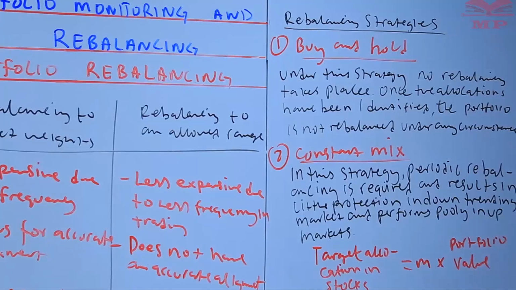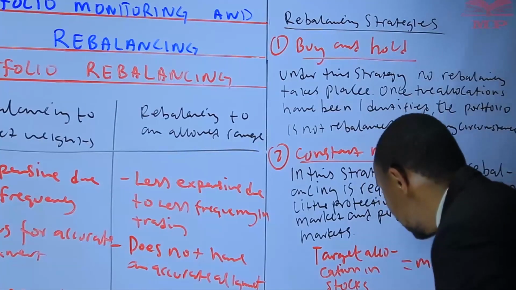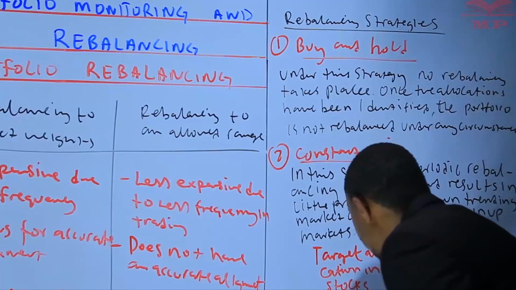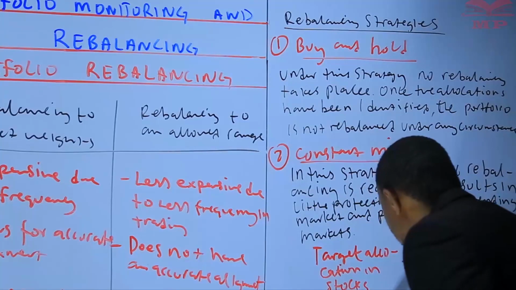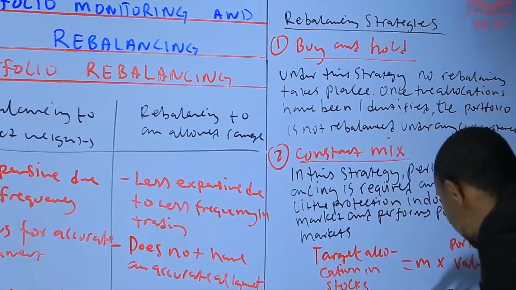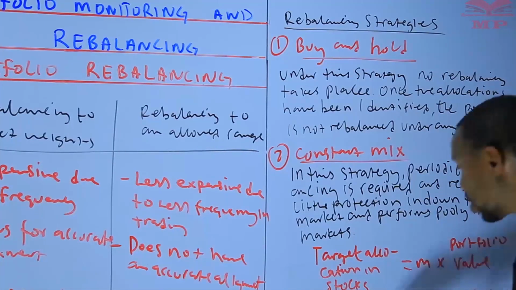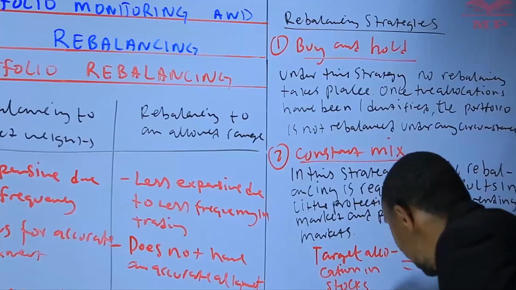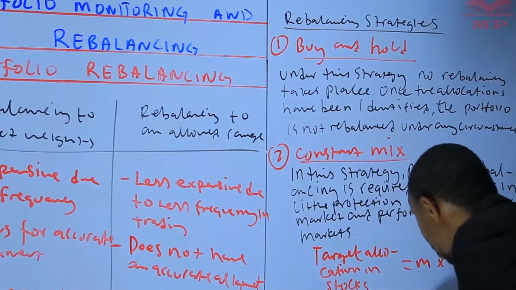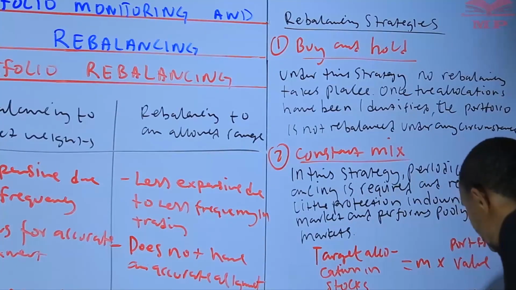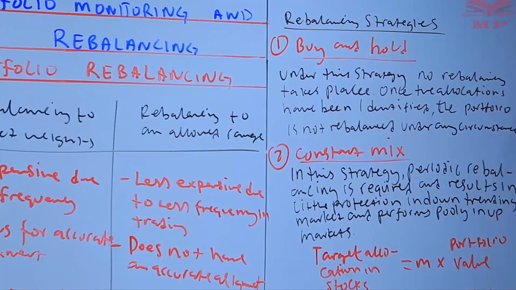This M represents a constant of target stocks and lies between 0 and 1.